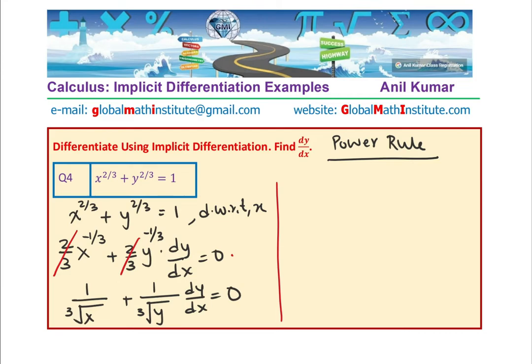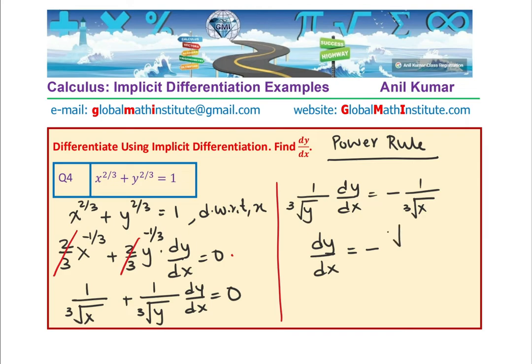Taking this on the right hand side, let me add one more step here. 1 over cube root of y dy dx equals negative 1 over cube root of x. So dy dx is equal to negative, and we'll multiply this, right?